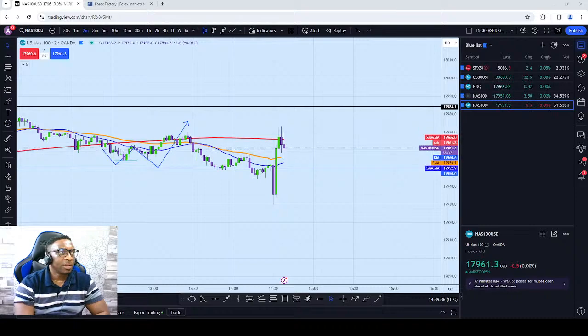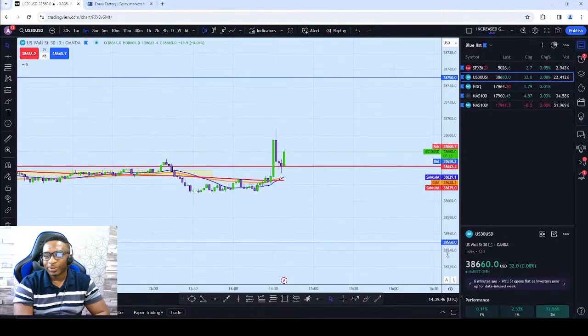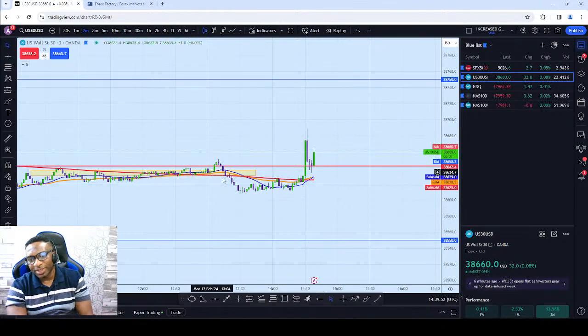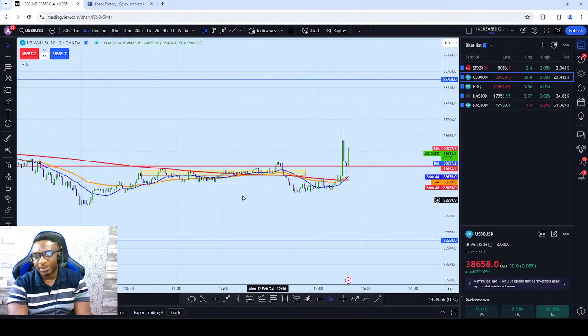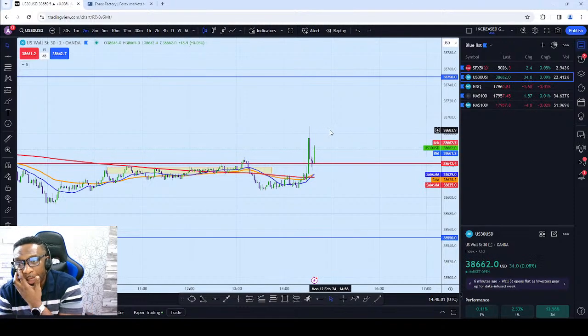Okay guys, let's look at US 30. I think we've just been looking at NAS. Whoa, so US 30 also, we missed out on that. So after all this choppiness, you see it's followed our plan of going up.